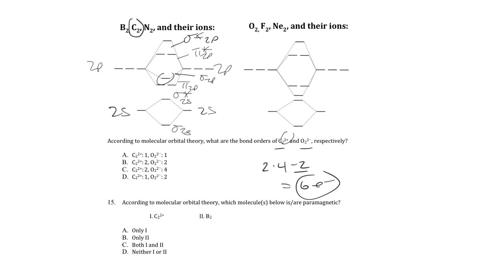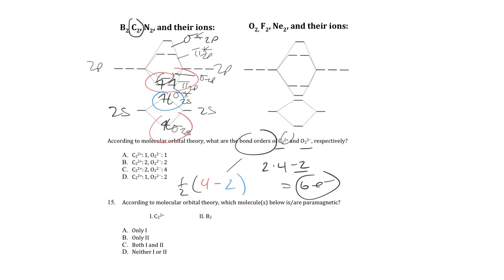Okay, so the idea for C2 2+ though is just put 6 electrons in: 2, 4, and then 6. And then for the last 2, I have to apply Hund's rule, putting the electrons into the 2 orbitals, spin unpaired in the same direction. And so the bond order for C2 2+ would be a half times the bonding electrons, which are these 4 electrons here, minus the antibonding electrons, which are these 2 electrons here.